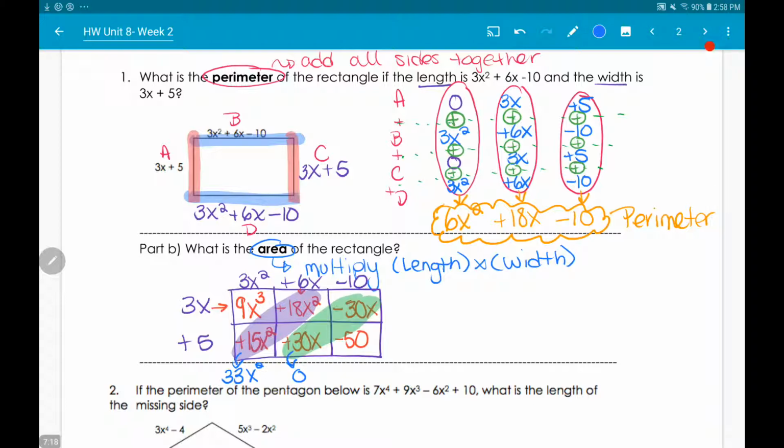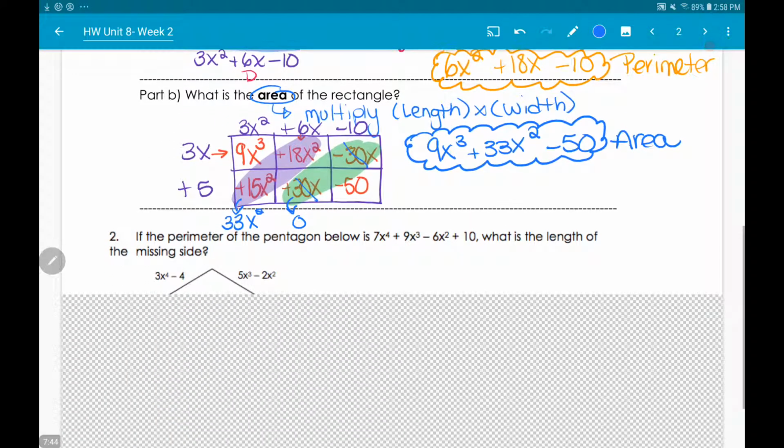And this actually gets me 0x, so they cancel each other out. So let's go ahead and write our final answer. So I have 9x cubed plus 33x squared plus 0, but I'm not going to include that, and then minus 50. This is my area.